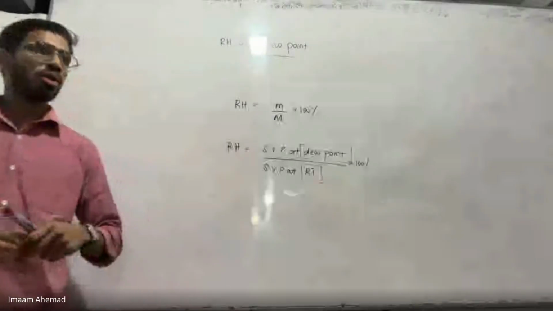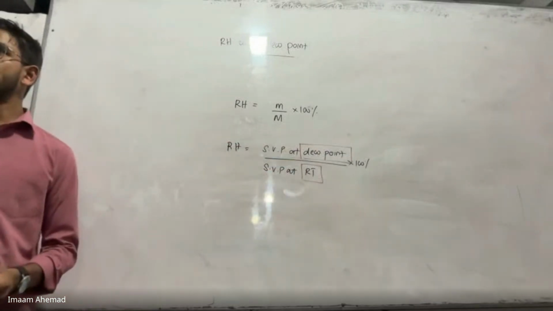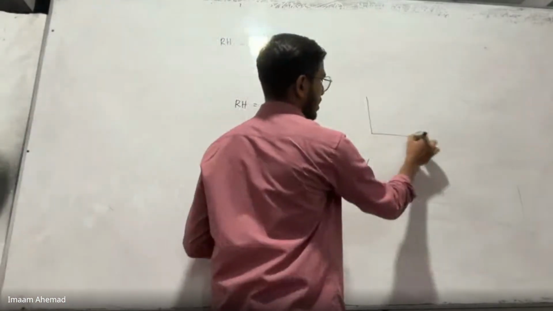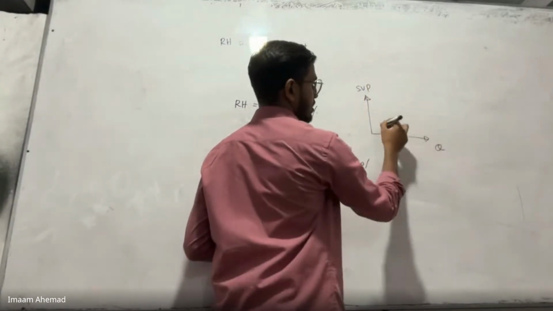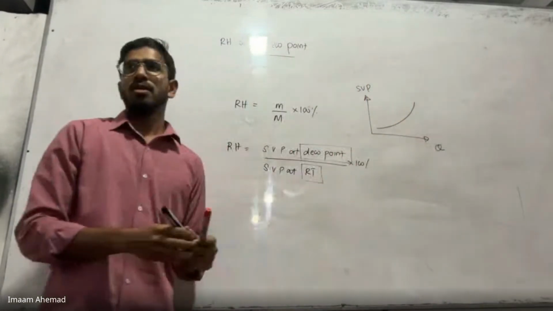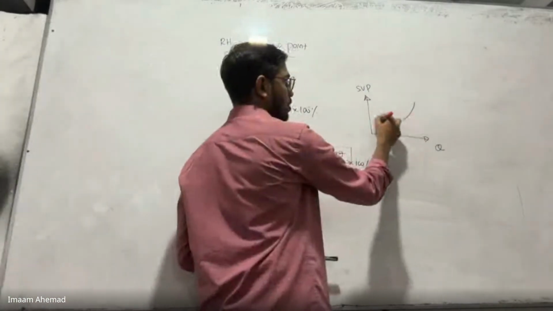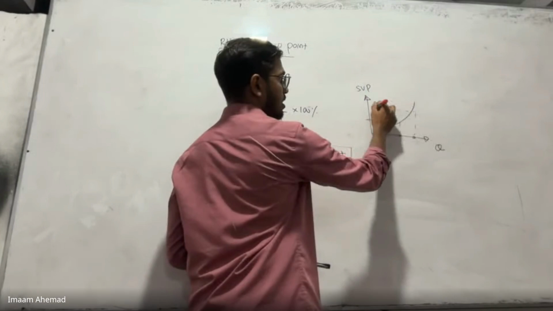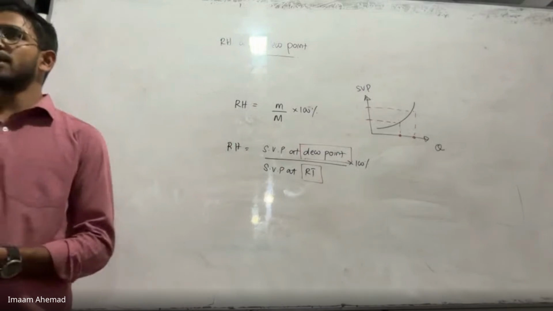Once you know them, you can get the values from the graph, SVP versus theta. Then you know these two values, we can get the ratio.